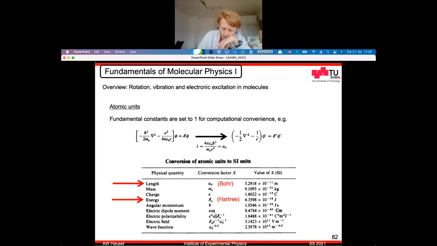We can convert this to the SI whenever we need, right?